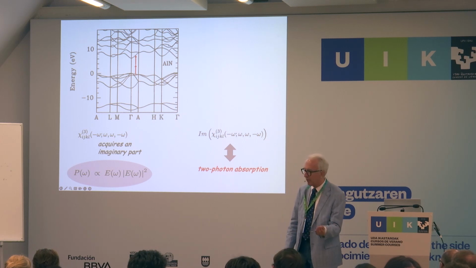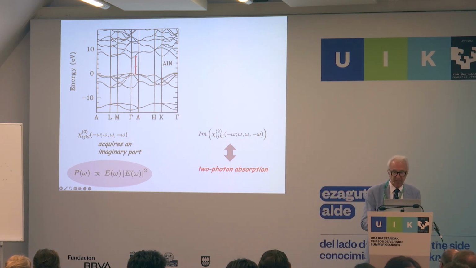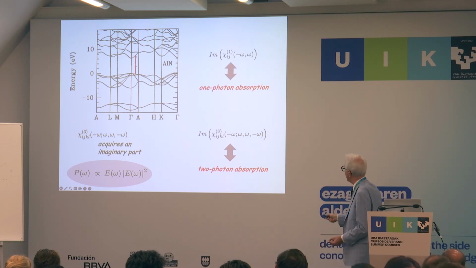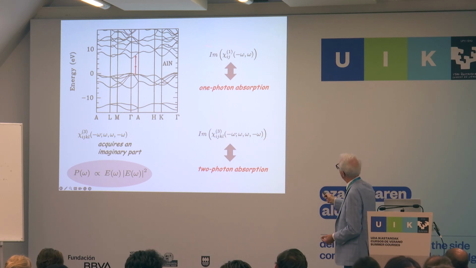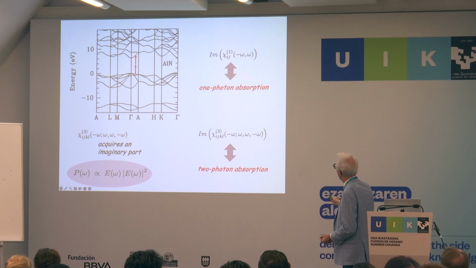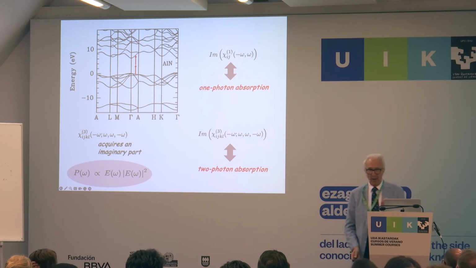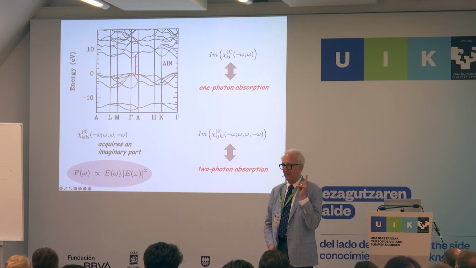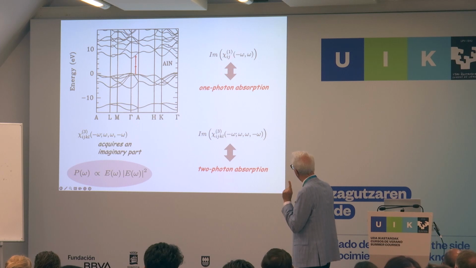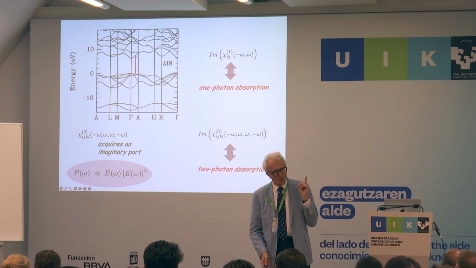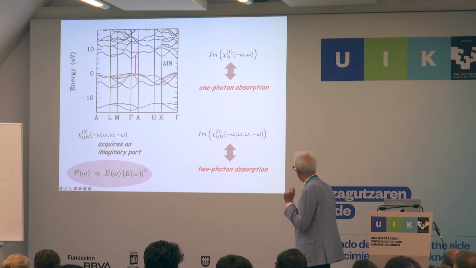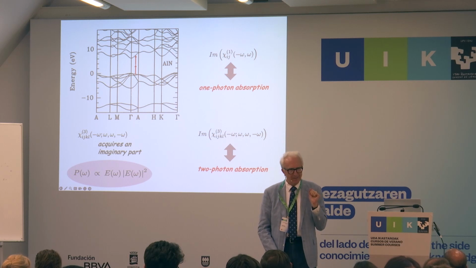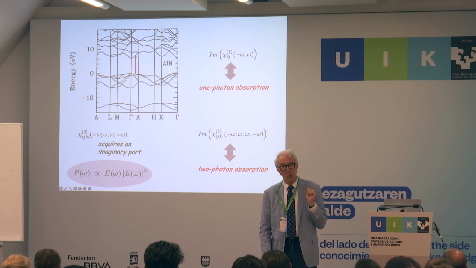In fact, the imaginary part of this describes two-photon absorption in the same way that the imaginary part of chi1 describes one-photon absorption. And the question for you to think about: imaginary part of chi1 describes one-photon absorption, imaginary part of chi3 describes two-photon absorption. What does the imaginary part of chi2 describe?